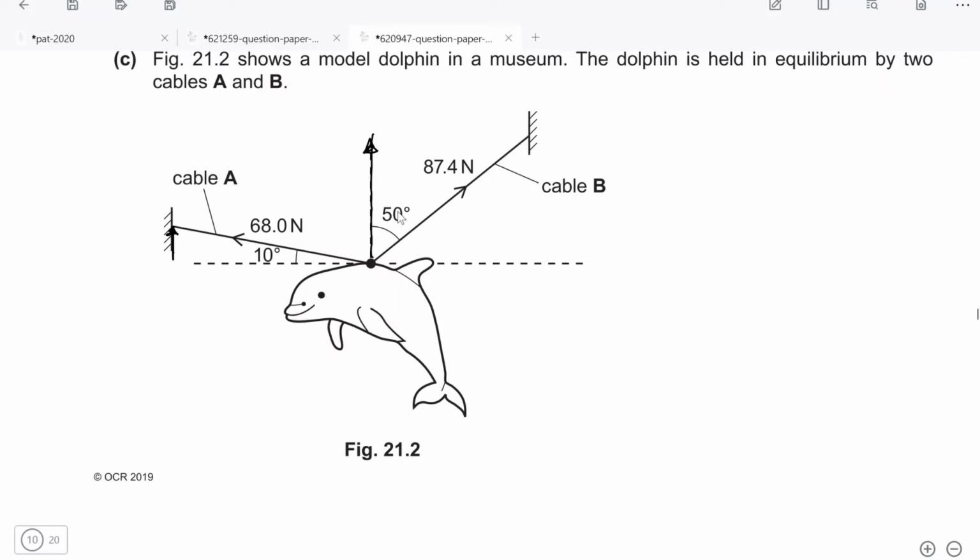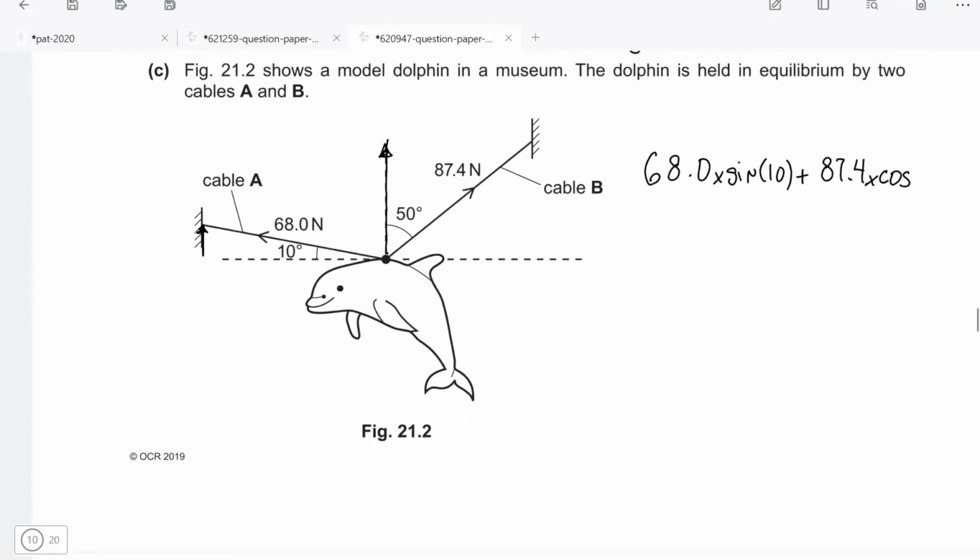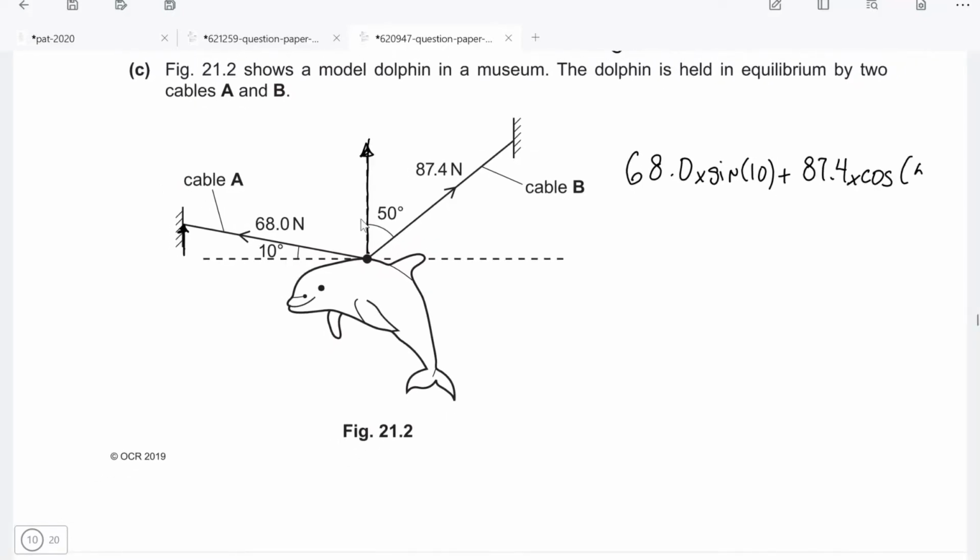So in order to find the first one, this is the opposite, so I'm going to do 68.0 times the sine of 10 degrees plus, and now there's a little bit of a trick, we're looking for the adjacent component. So what we need to do is do 87.4 times the cosine of 50 degrees.